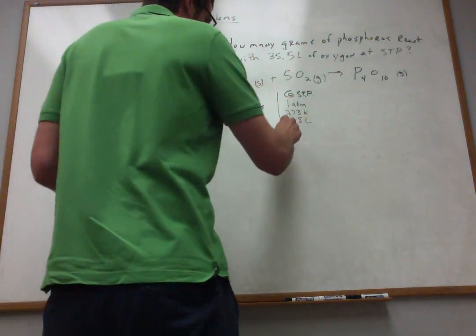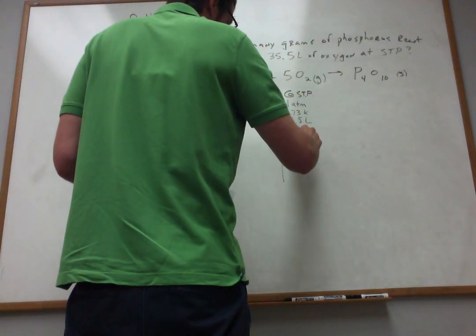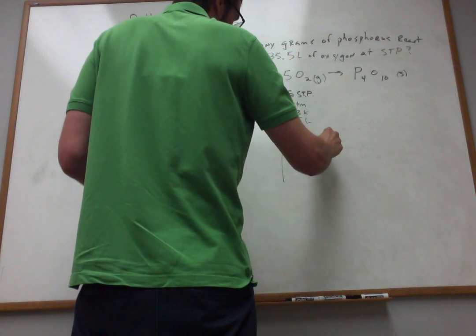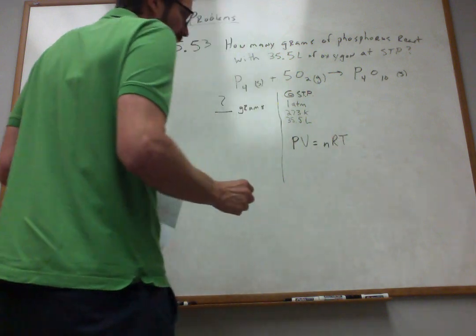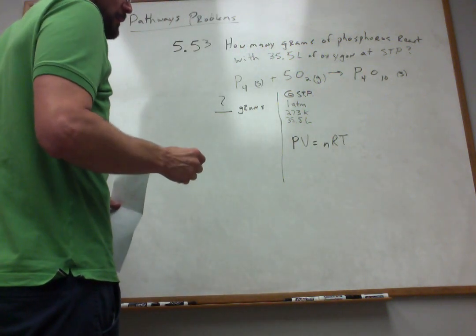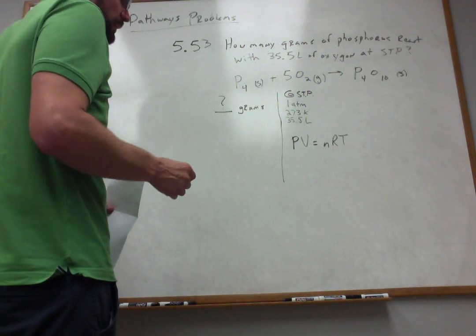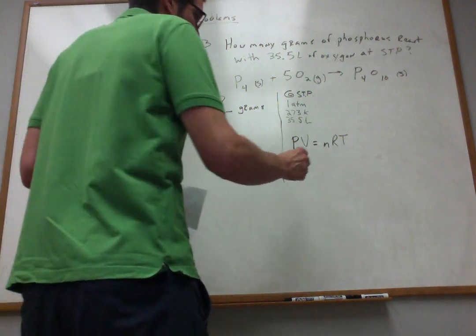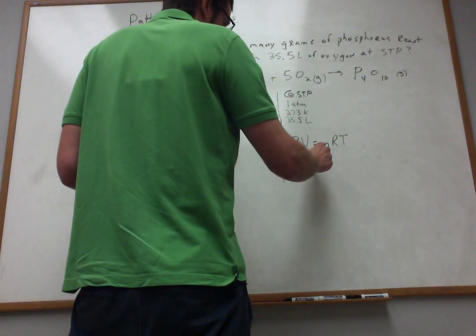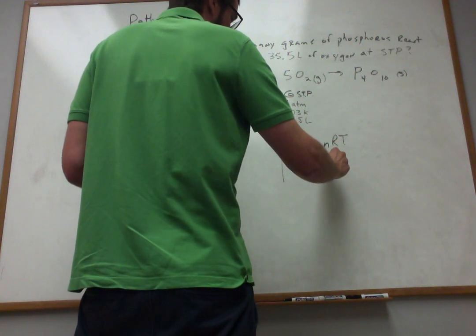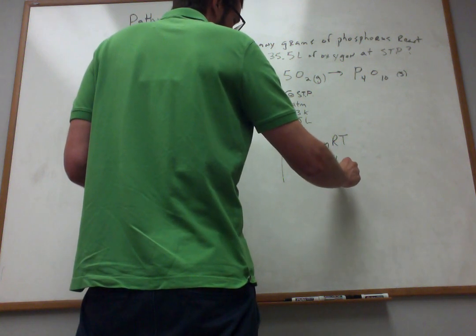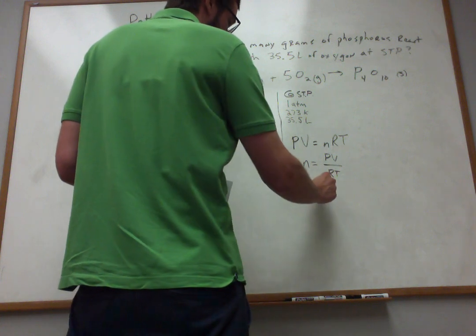So let's think about this for a second. Can I use my PV equals nRT relationship to figure out how many moles of oxygen is present in the sample? I think we can. If we rearrange this to solve for n, which is our number of moles, I would have PV divided by RT.